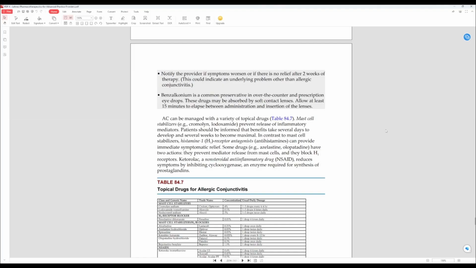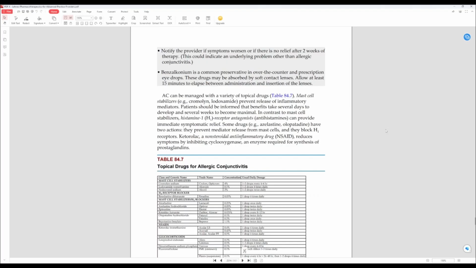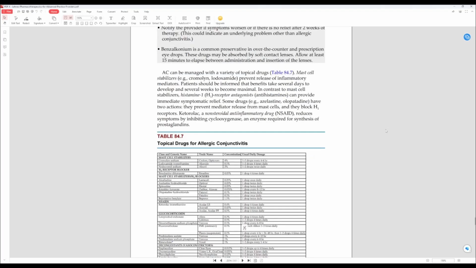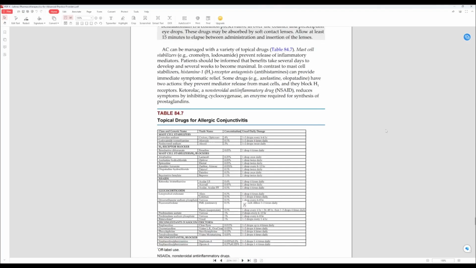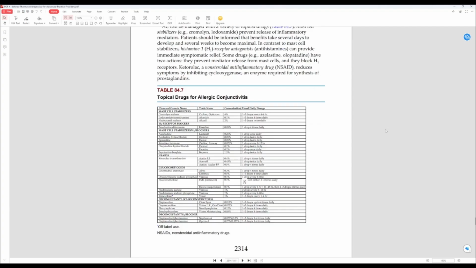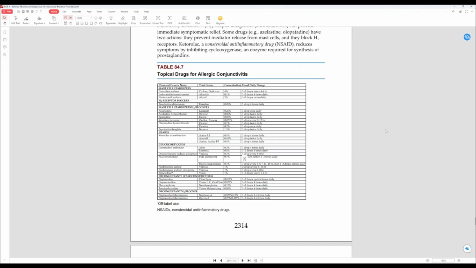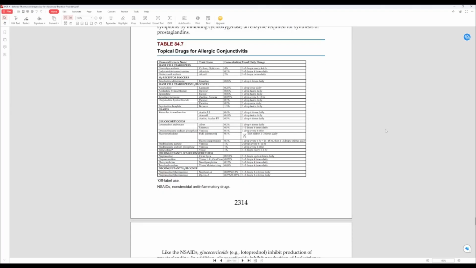They prevent mediator release from mast cells and they block H1 receptors. Ketorolac, a nonsteroidal anti-inflammatory drug, reduces symptoms by inhibiting cyclooxygenase, an enzyme required for the synthesis of prostaglandins. So here is another good spot to hit pause so you can see all the topical drugs for allergic conjunctivitis.